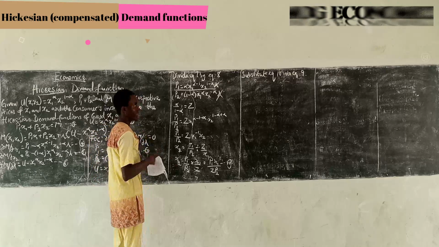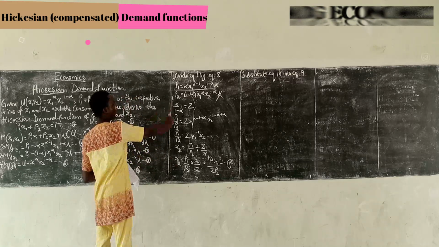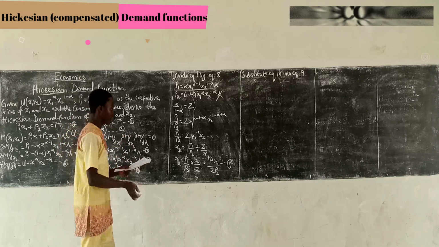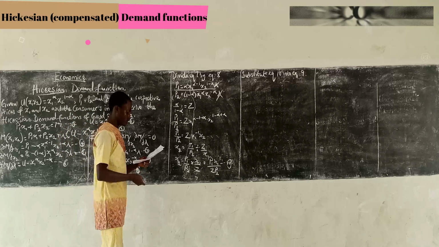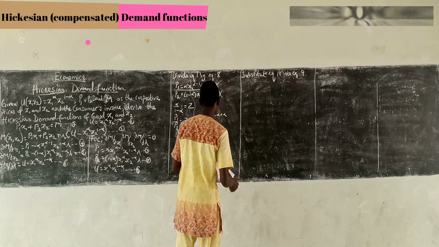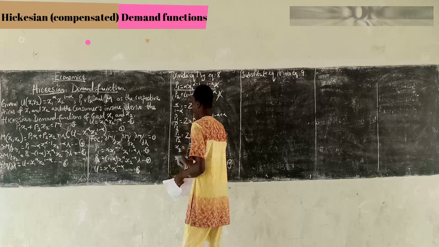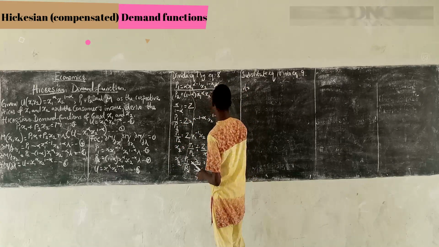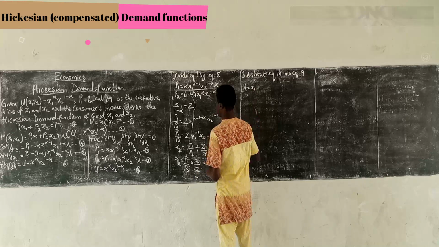So what I did here, 1 minus alpha is not equal to z. Over here, what I'm doing is the reverse. So that's what it's supposed to be. So substitute equation 10 into equation 9. So we have u. That's why math is so beautiful. Anyhow you do it, you're going to arrive at the same answer.